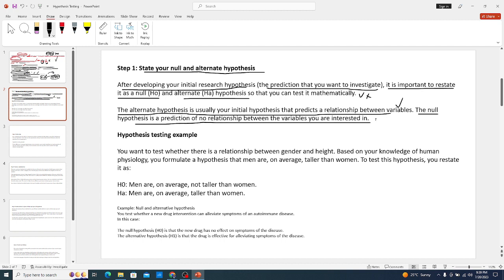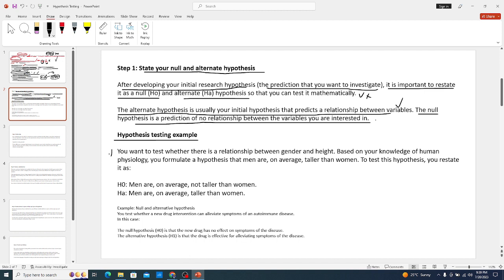Okay, good. Now, let's start with a hypothesis testing example.